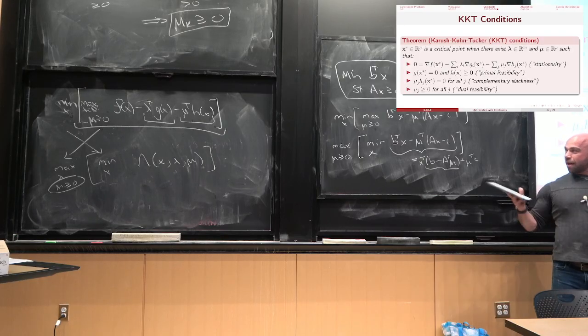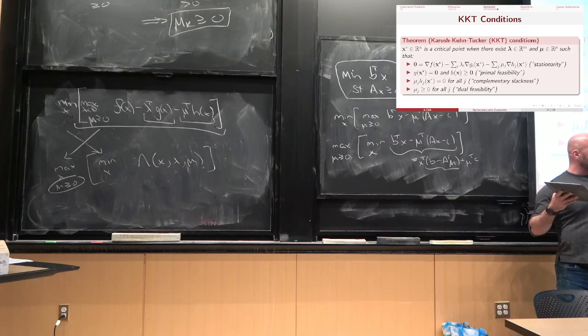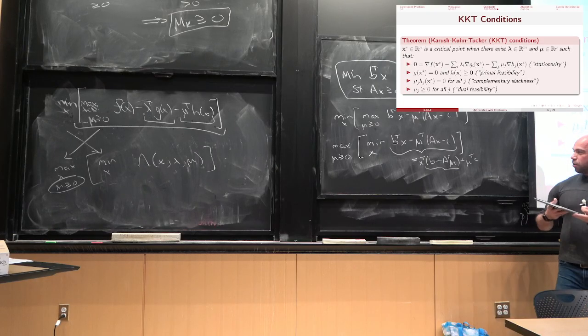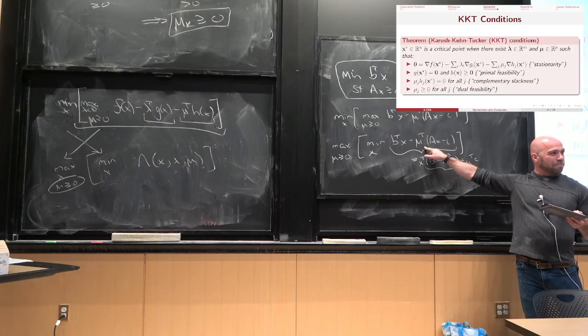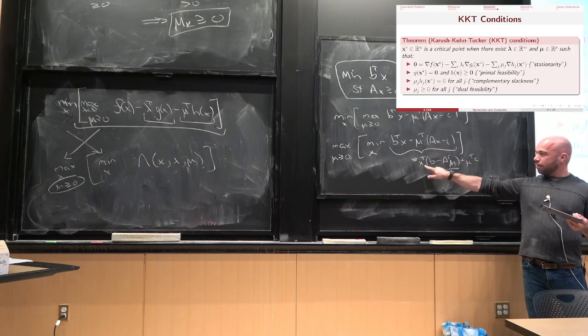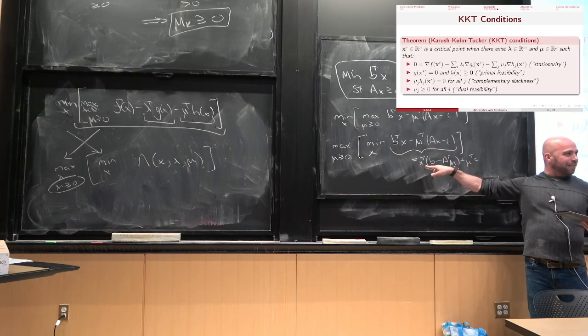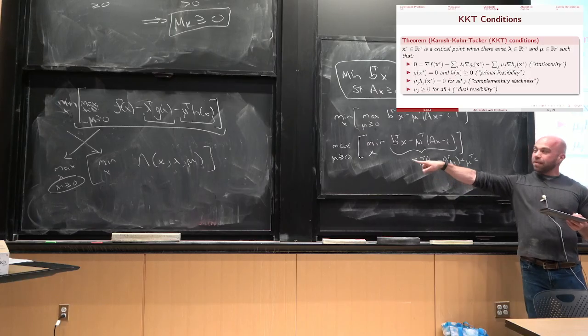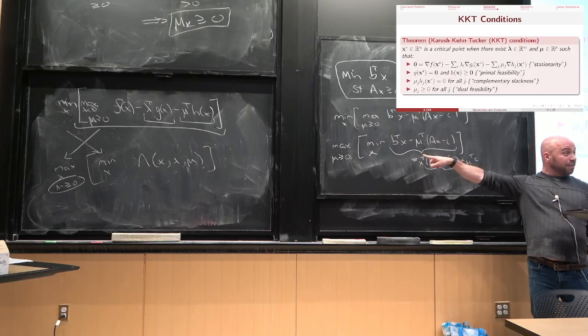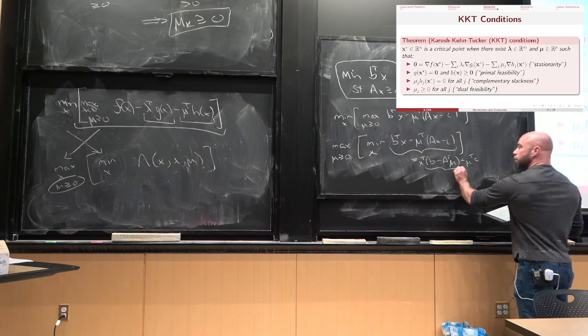Then what is the inner player going to do to make that minimization as bad as possible for the outside player? They're just going to choose an x that makes this thing really, really negative, like minus infinity, which you can do because you just blow this thing up. This is just a dot product. Everybody with me? So clearly, from the outside player's perspective, should it ever choose a mu for which this is not zero?